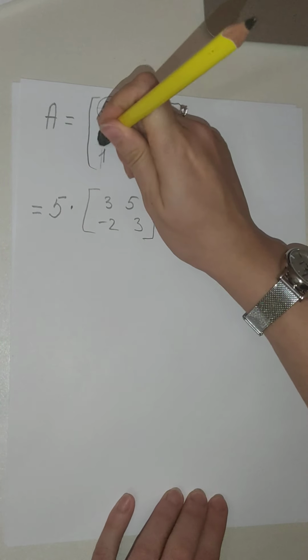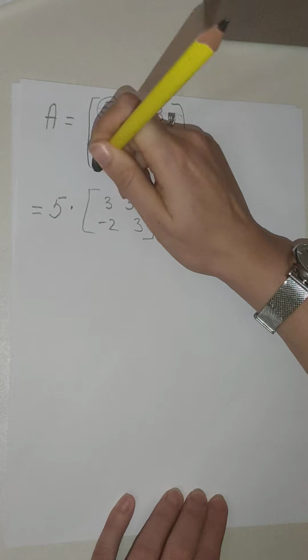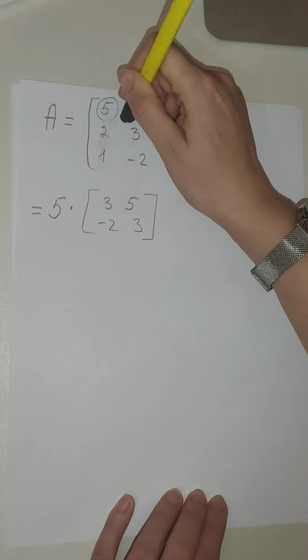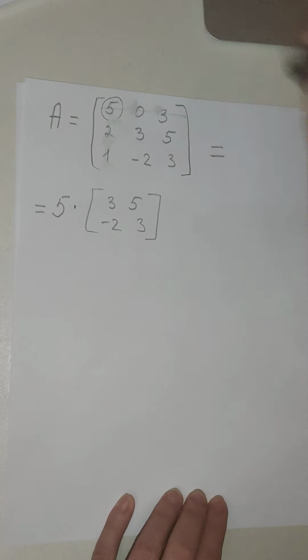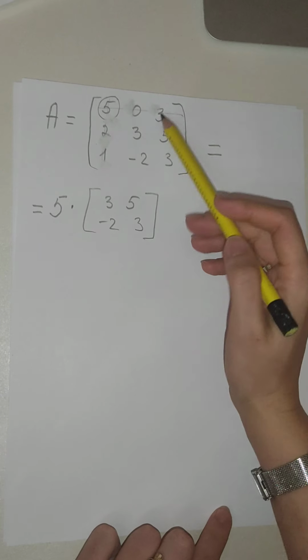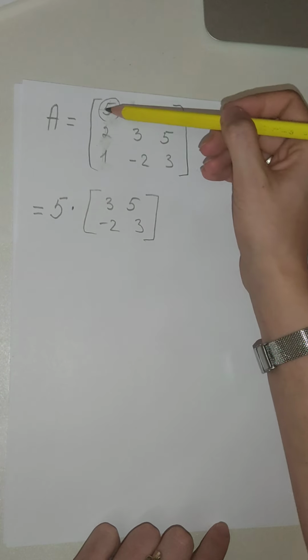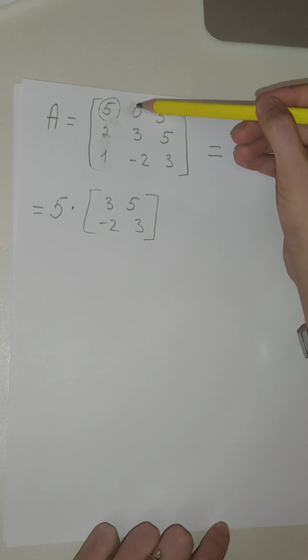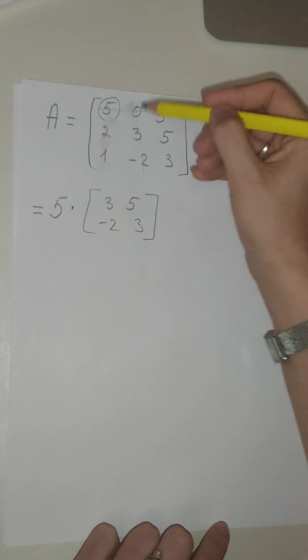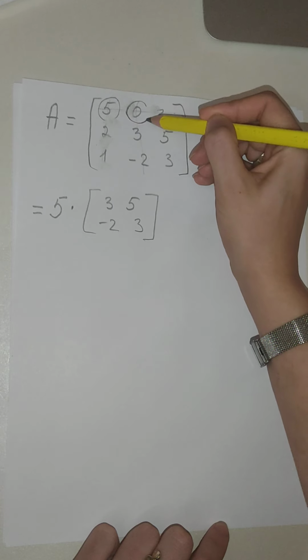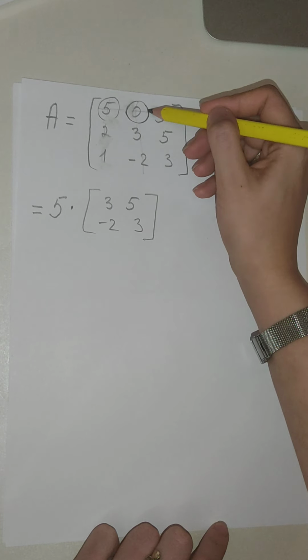Let's continue. I'll remove these lines again. Now it's time to remove the first row and second column. The leading element of this intersection is 0.